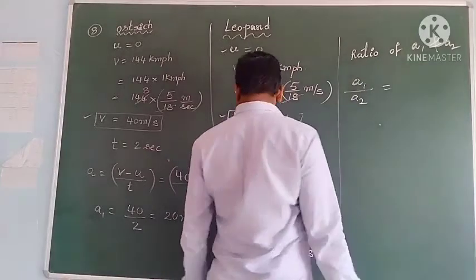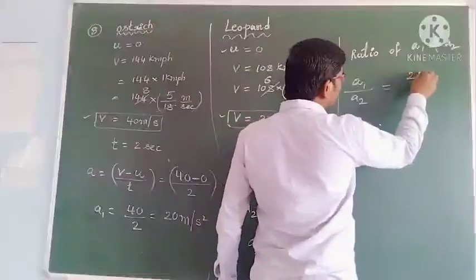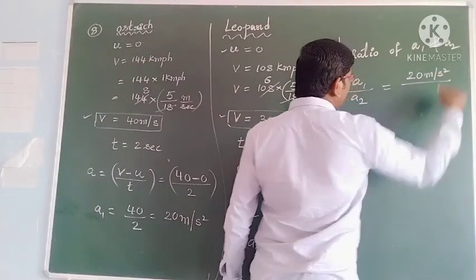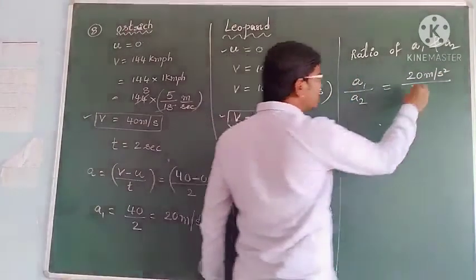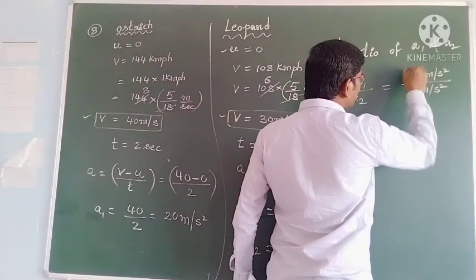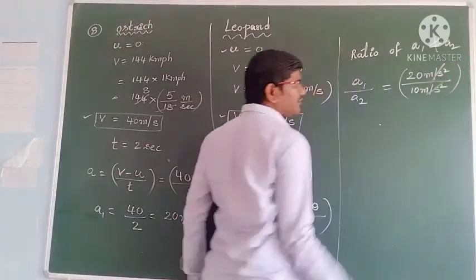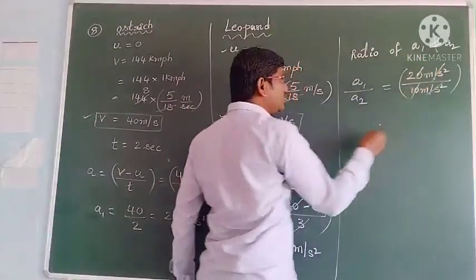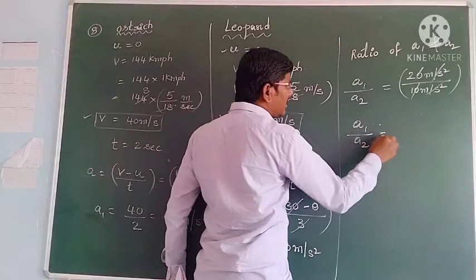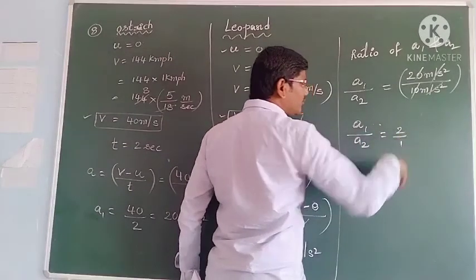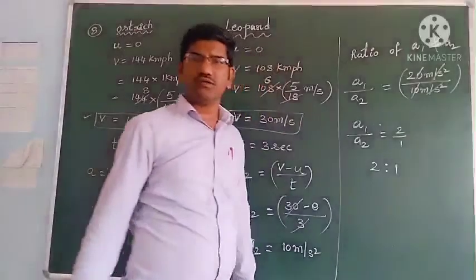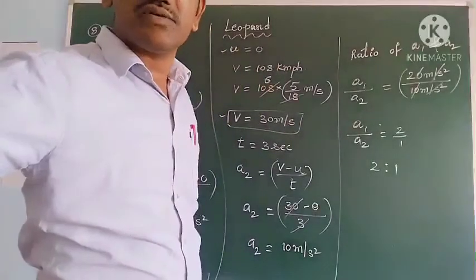The A1 value is 20 meter per second square. And the A2 acceleration is 10 meter per second square. Then meter per second square gets cancelled. 0 gets cancelled. Then A1 by A2 is equal to 2 by 1 we will get. So the answer is 2:1. That is the answer, students.